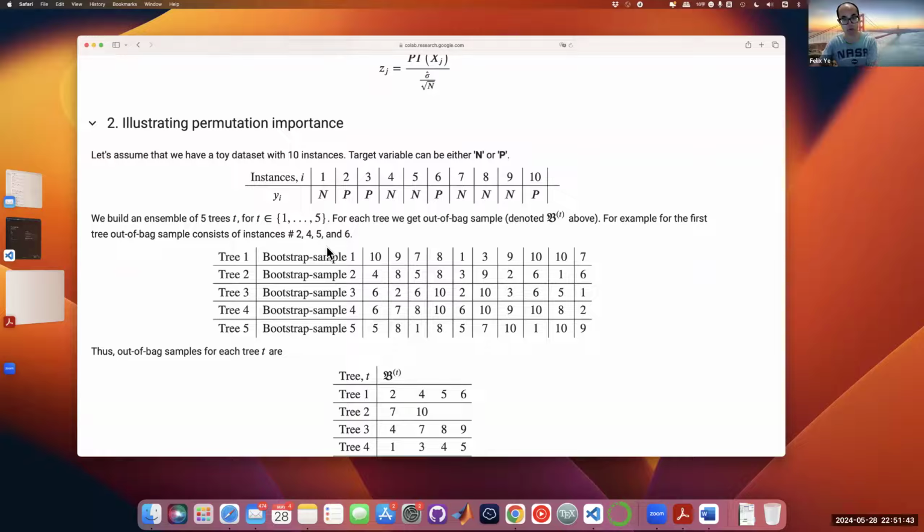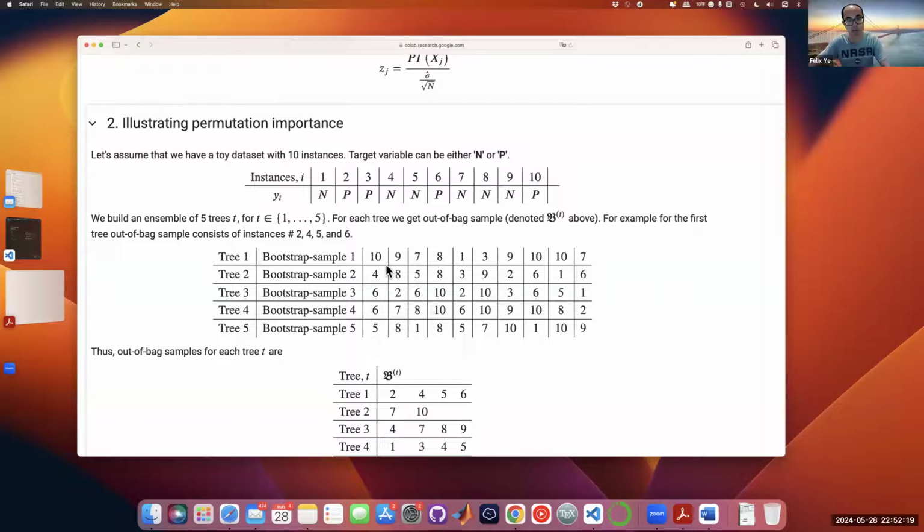If you take the bootstrap examples, you are getting your training data, and as a result, the rest of the data will naturally be the out-of-bag examples, which serve as the validation data set to test the feature importances.